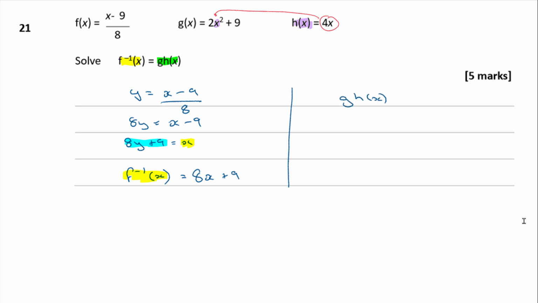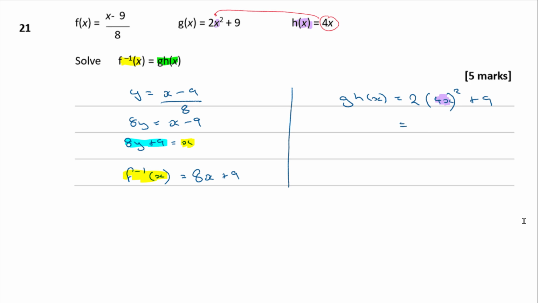Okay, so that becomes g of h of x is going to be equal to 2 lots of, but rather than having x squared, I'm going to replace x with 4x. So it's going to be 2 lots of 4x squared plus 9. Just replacing the x in g of x with 4x, which is h of x. Okay, so then working that out, removing the bracket, squaring that up.